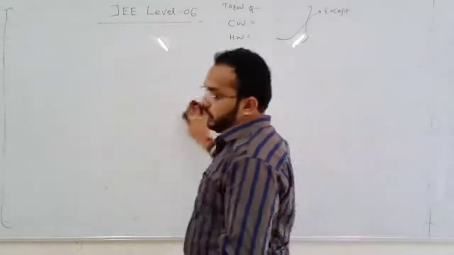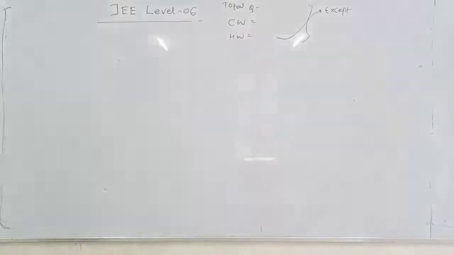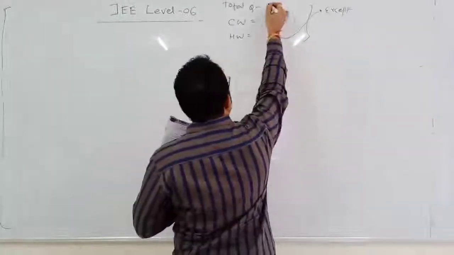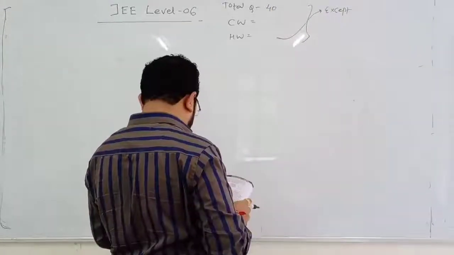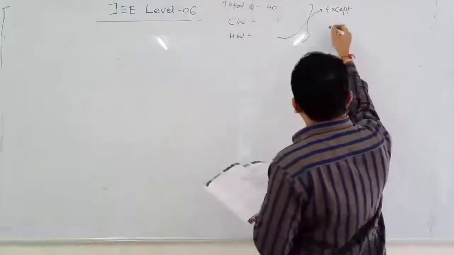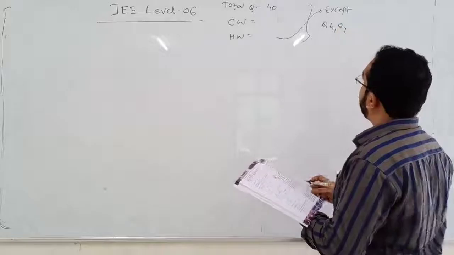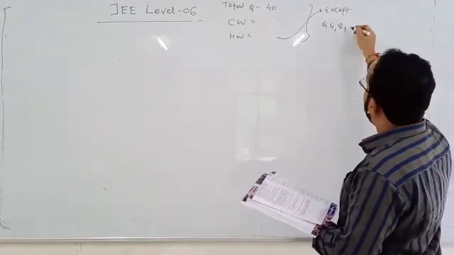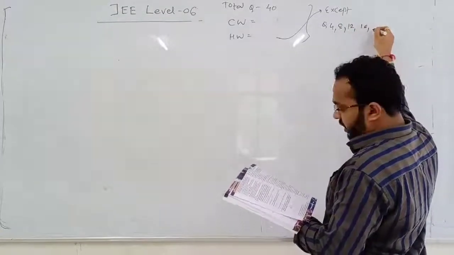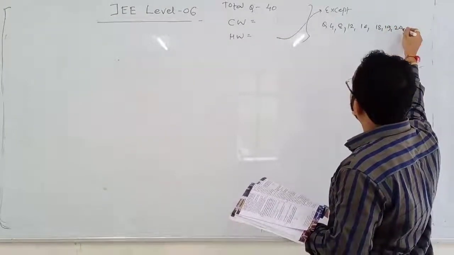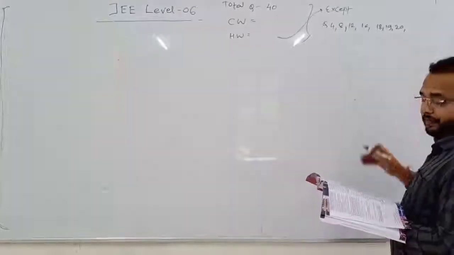Okay, so level 6, how many problems are there? 40 numericals are there. Out of 40, I am going to do question number 4, question number 8, question number 12, question number 16, question number 18, 19, 20, comprehension.